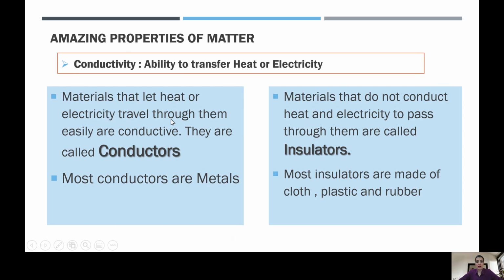The materials that let heat and electricity pass through them are called conductors. Good conductors of heat and electricity are metals. This means that metals allow heat as well as electricity to pass through.